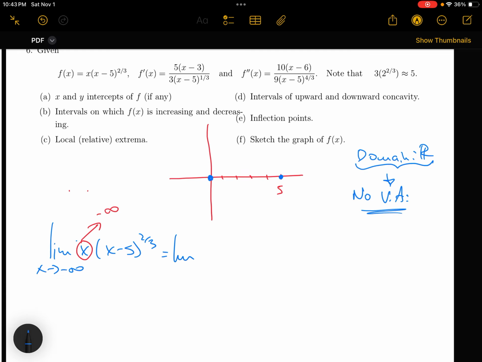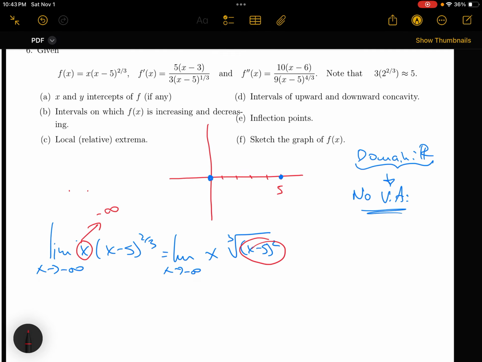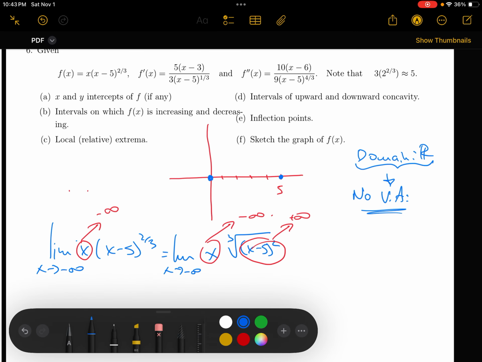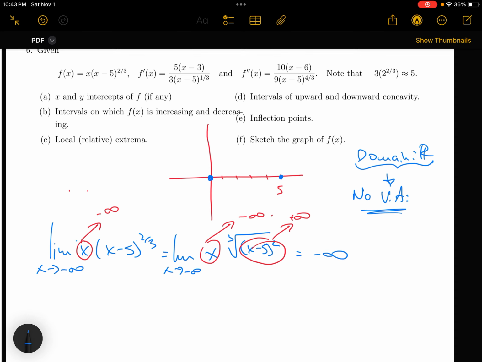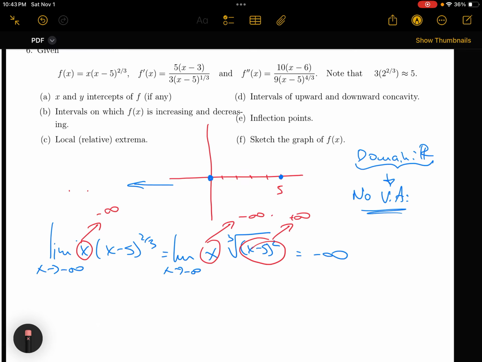If you don't see it right away, well, this is x times cubed root of x minus 5 squared as x goes to negative infinity. So be careful, this here, because of the exponent, goes to positive infinity, and we said this goes to negative infinity, so the product is going to be simply negative infinity, which means what? As x goes to negative infinity, the function drops down to negative infinity. So we're going to start sketching it from somewhere here.